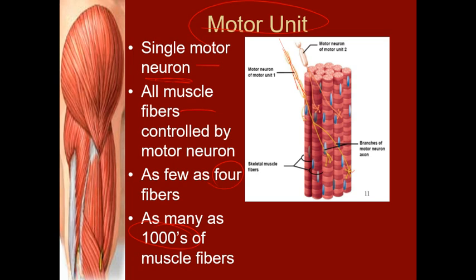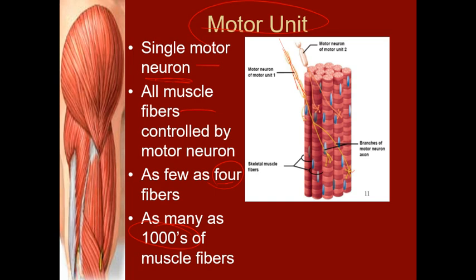So here's the difference. Why would I want only a few or want a whole bunch? It depends on the work that you're going to do. If you're going to do a precise movement, think about your eyes, and without moving your head, just look over to the side. When you look over to the side, that's a very precise movement. Your eyes are focusing from one little spot to a small little spot somewhere else.